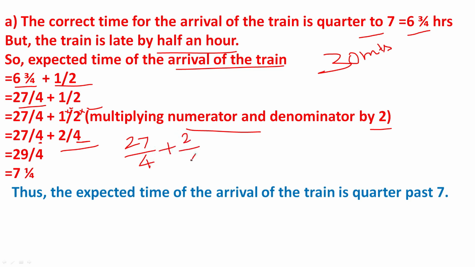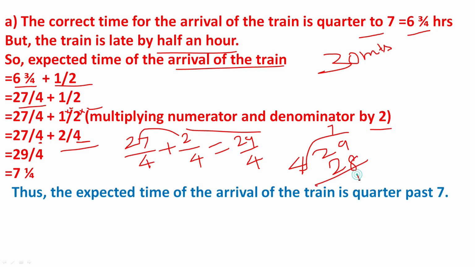If the denominators are equal, we can add the numerators alone. 27 plus 2 is 29/4. 29 divided by 4: 7 fours are 28, so remainder 1. So we can write 7 1/4.